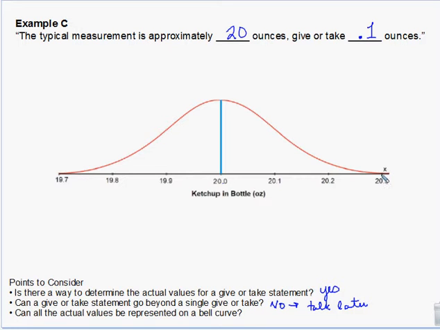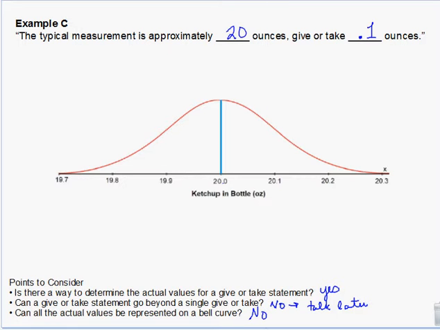But no, not all of the possible bottles of ketchup are going to show up on your standard bell curve. You're always going to have some data that's not on there, either a specialty item, or if you're talking about people, like average heights, you have people that are just crazy tall or crazy short. They're not going to fit in a normal bell curve. So that's definitely a no for our actual values.